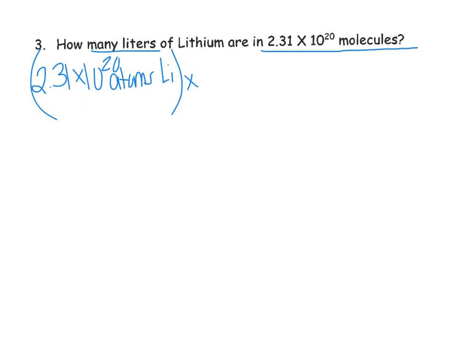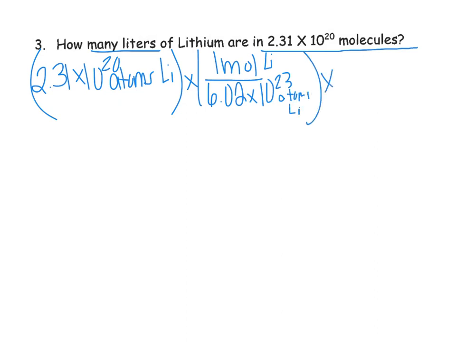There's no conversion from atoms directly to liters, so we must go into moles. I want to get rid of atoms, so I use Avogadro's number on the bottom, 6.02 times 10 to the 23rd in 1 mole of lithium. And this is atoms of lithium. Okay? And in 1 mole of lithium, or 1 mole of anything, is 22.4 liters.